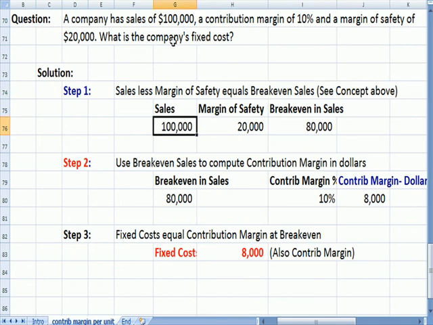So my sales were 100,000, my margin of safety is 20,000, and I get to break-even in sales. It should say break-even in dollars of 80,000. That's my break-even by definition. Has to be that amount.